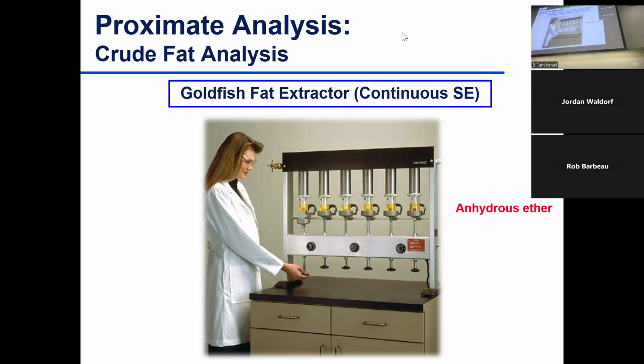So you put your solvent in a beaker here. And then you have your sample in a thimble, and then you have another glass thing that you put your thimble in. The thimble doesn't fall into the solvent, it just gets soaked in. And you put all of that on that hot plate.